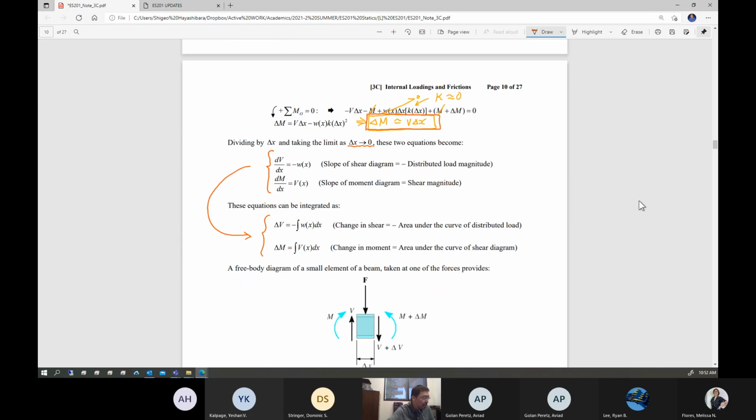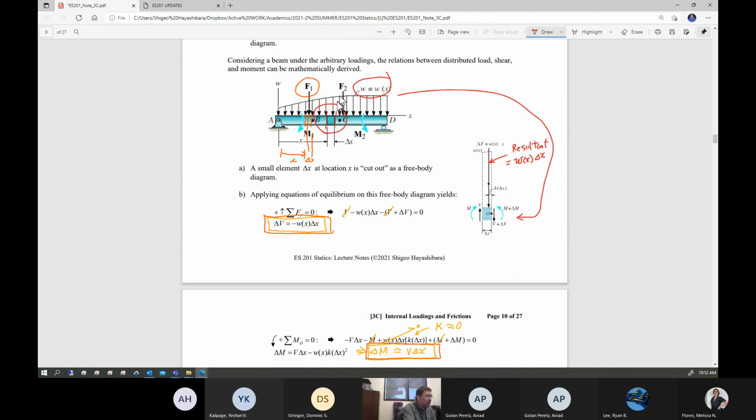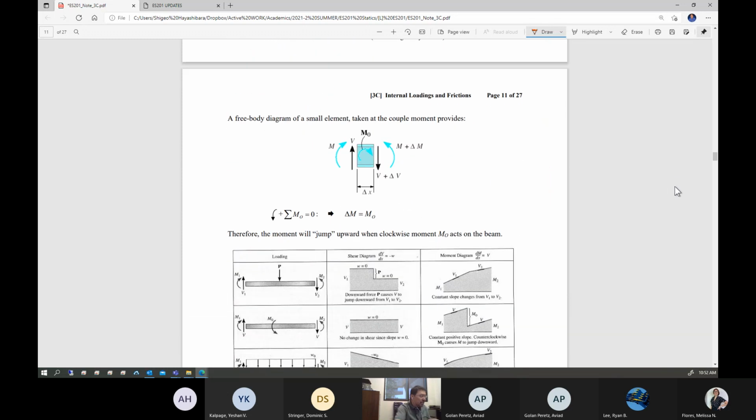Okay. Also, another way of looking at it, you're going to take a look at moment. A moment is applied here. So let's take location x, and let's chunk out a small tiny segment delta x, and pick up this segment as a free body diagram. Let's take a look at it.